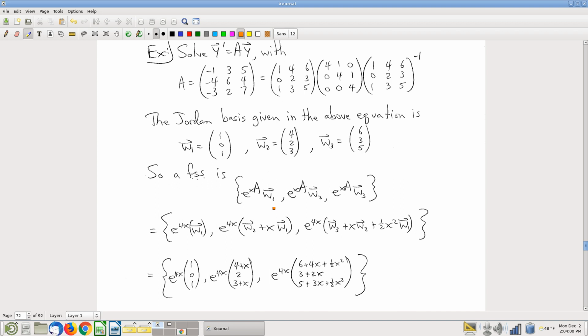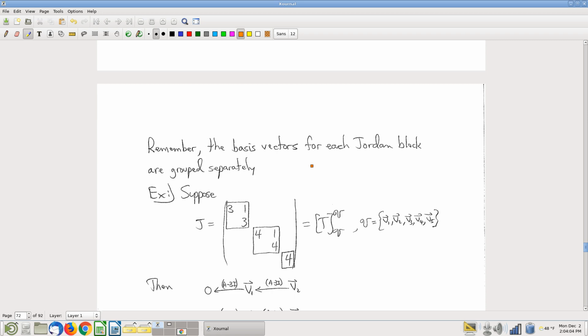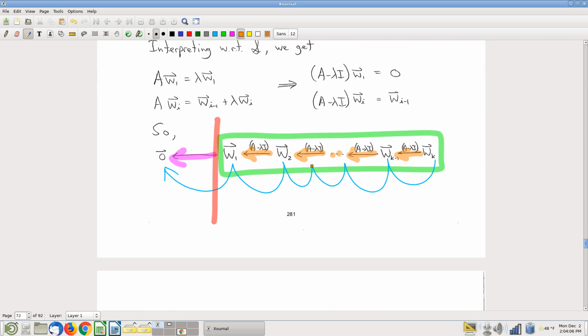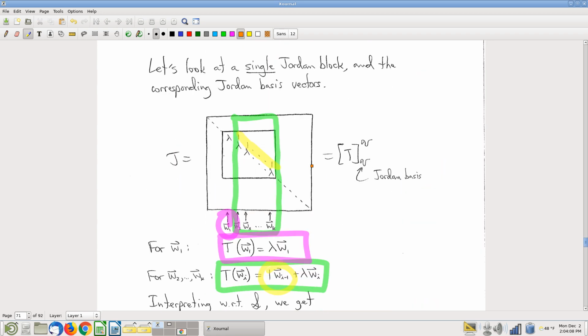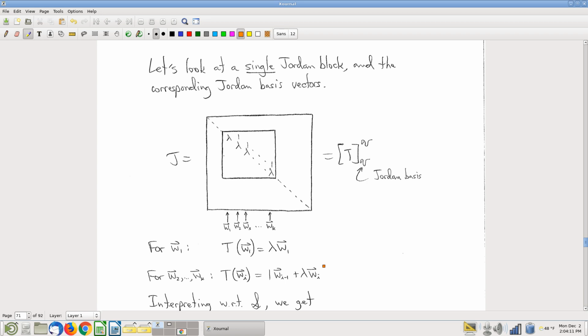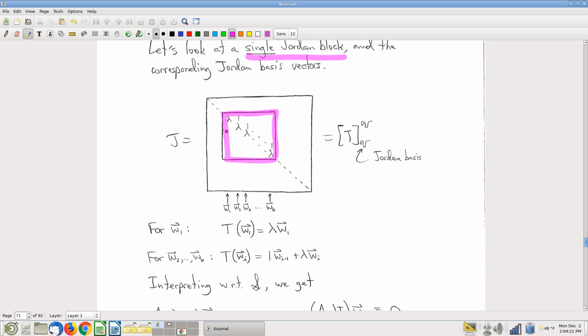Okay. Right. I'll show you one more example of this. And this is just an example to illustrate the importance of a detail that we talked about here, which was that we were going to look at a single Jordan block. Here. Right? It is for a single Jordan block.